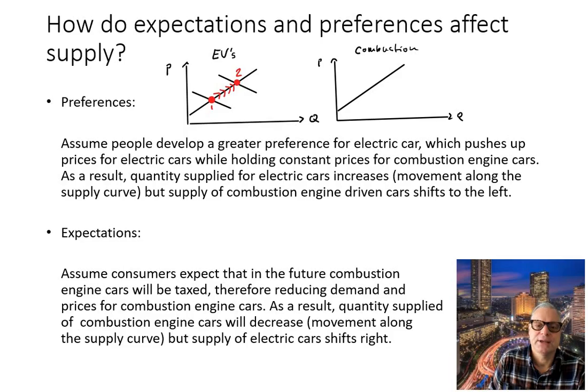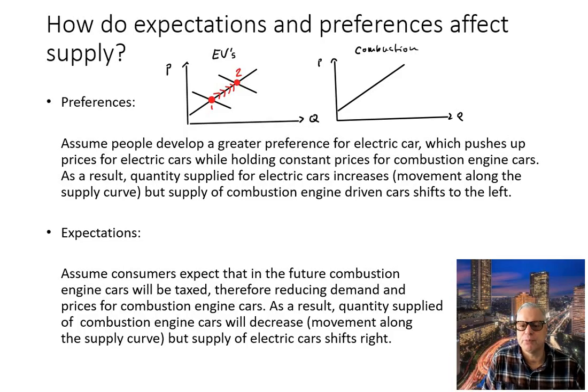So now let's say a company that produces EVs uses up more of its machines and resources to produce EVs. That means those resources cannot be available to make combustion engines.